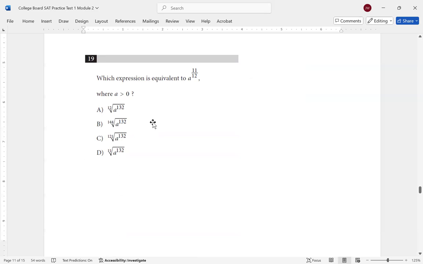19 says, which expression is equivalent to A raised to the 11/12 power, where A is a positive number? Now, if I were to rewrite that immediately, A to the 11/12 power is going to be some sort of 12th root of A raised to the 11th power.